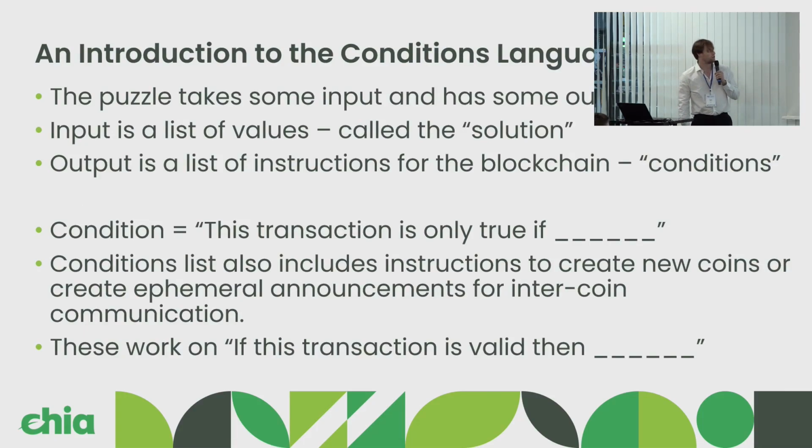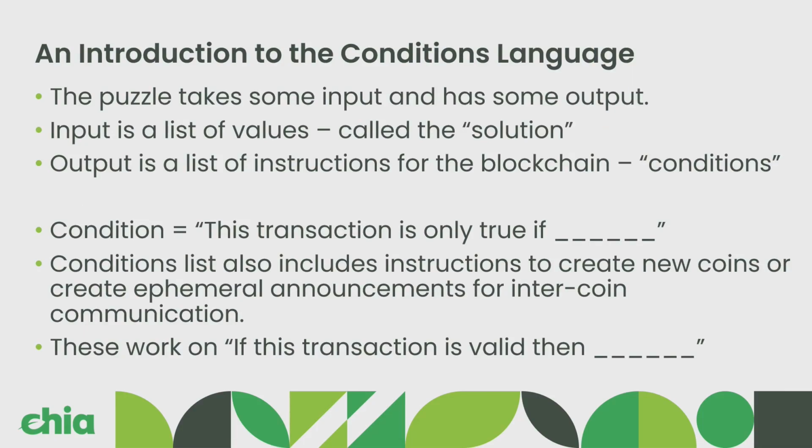Let's go more into what happens when you run the puzzle. Like a lot of programs, it has an input and some output. We call the input a solution, and it's just a list of values, and those values depend on what the program is. The output is in a standardized format called a list of conditions, and the conditions take the form of, this transaction is only true if some statement.